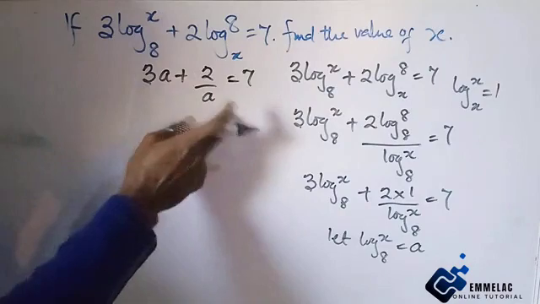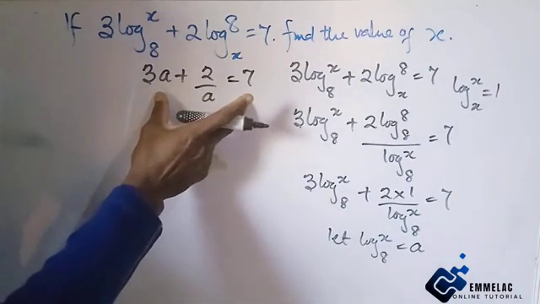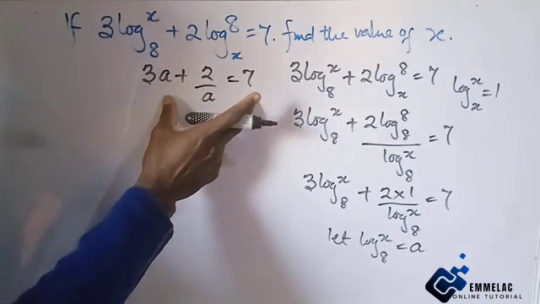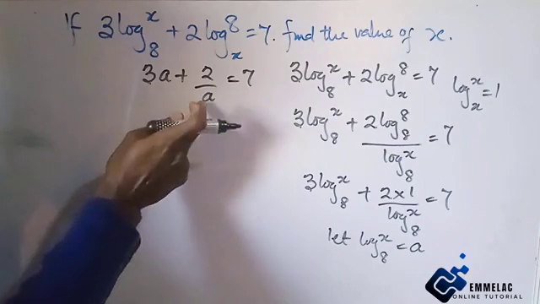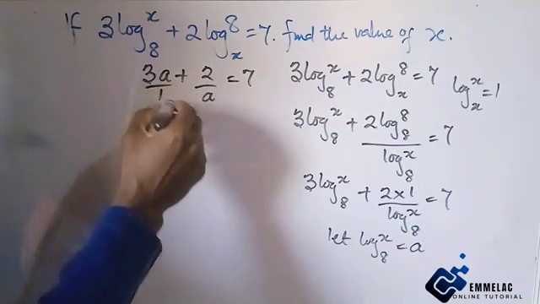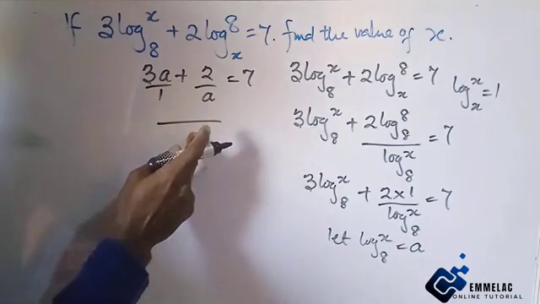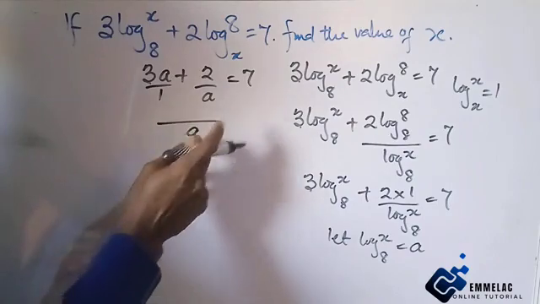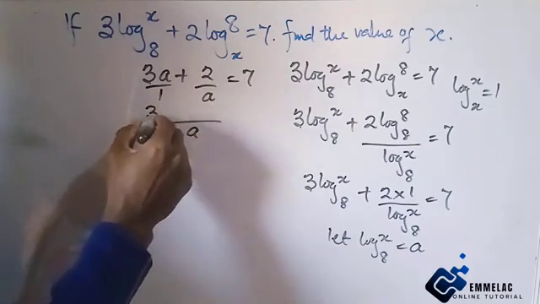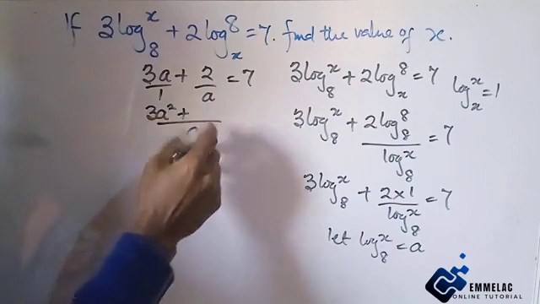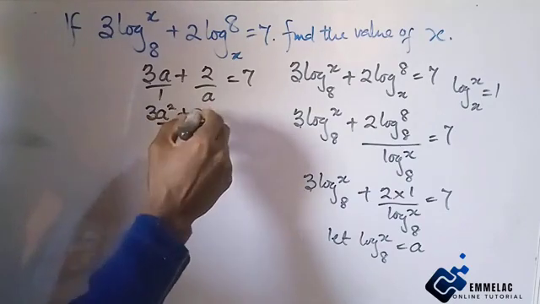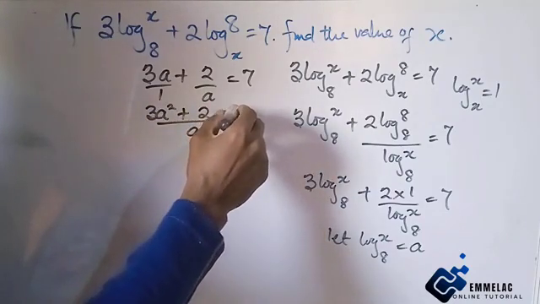Now let us linearize this expression. Here this is a, so find the LCM. Here we have 3a raised to power 2 plus 2 equals 7.